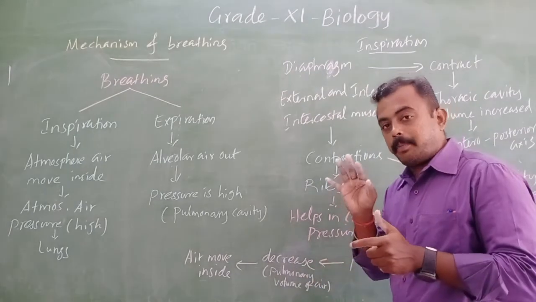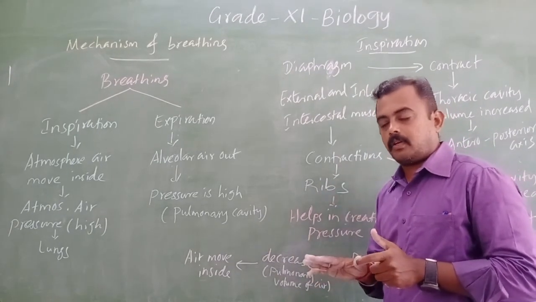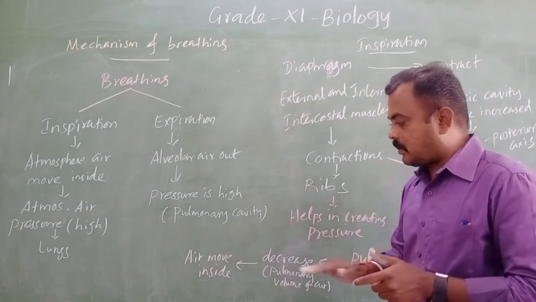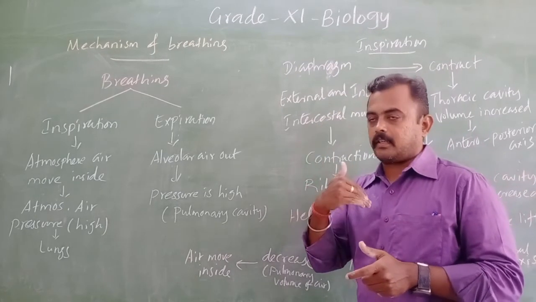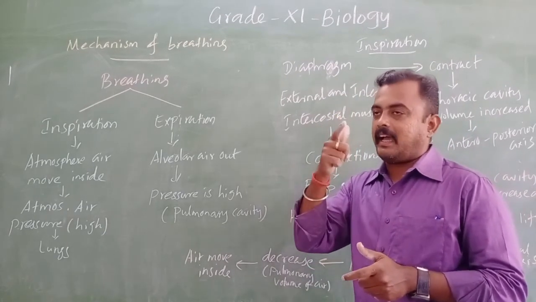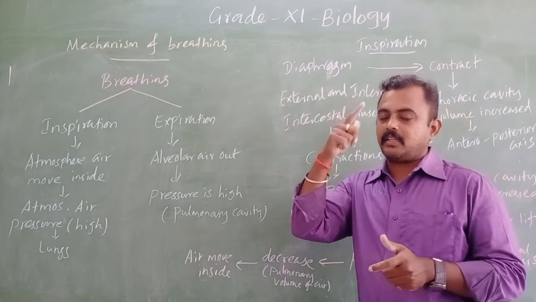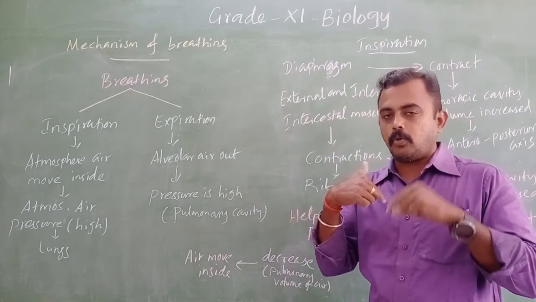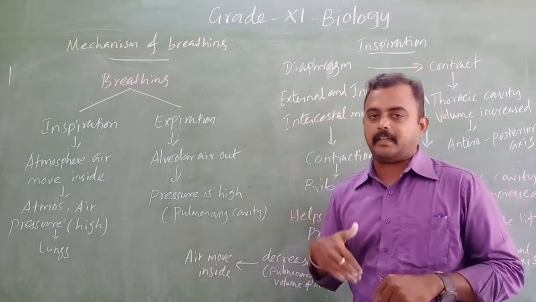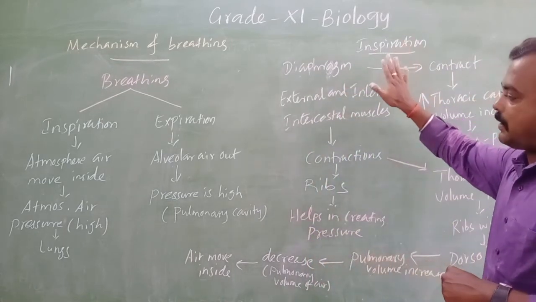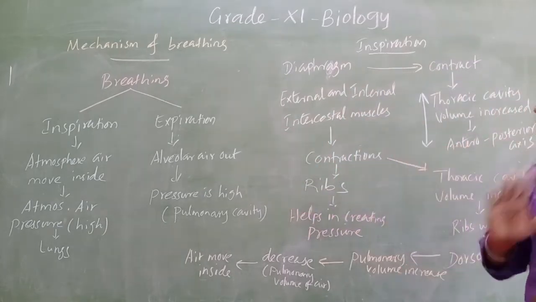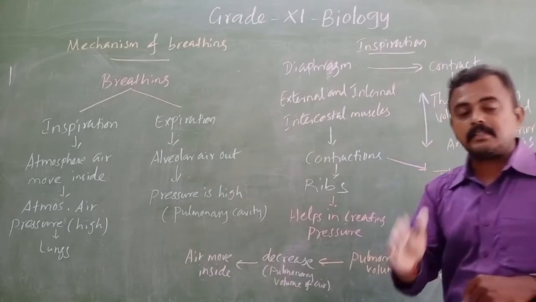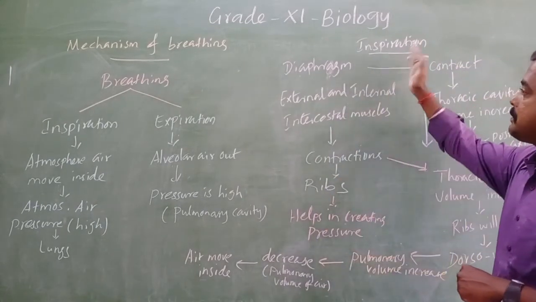Then the pressure is decreased, because volume is increased. So automatically air moves inside. Atmospheric air pressure is high, inside the pulmonary cavity pressure is low, so air goes inside. That is how inspiration happens. Pressure is one reason, the diaphragm is another, and the intercostal muscles are also a reason for inspiration.